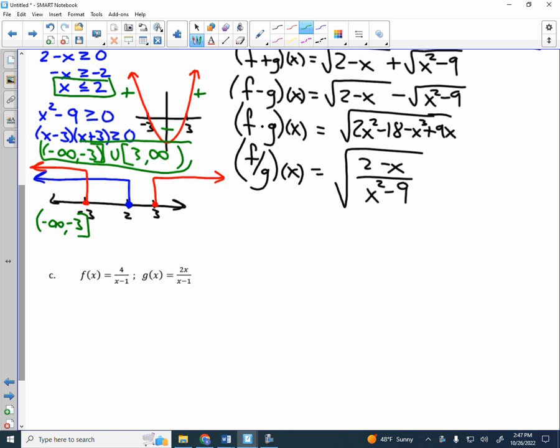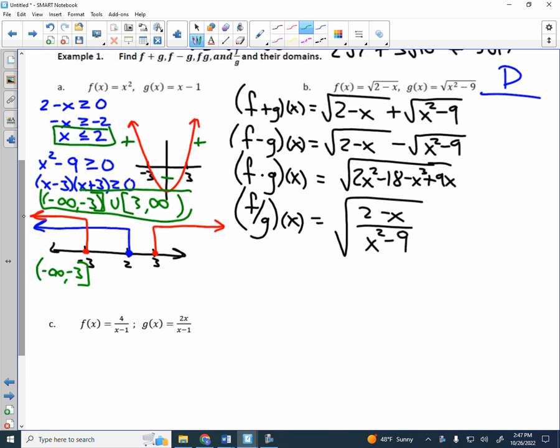You see that? I picked the 2 because of this one. See that now? So that one came from here, and then the other part came from here. So I look for the overlap of the red and the blue, and this is the only spot where they overlap. That's the intersection. So therefore, that's my domain. So as I list my domain, I go negative infinity to negative 3.